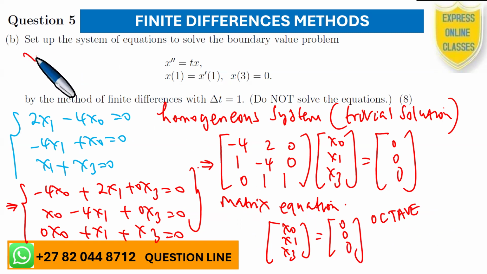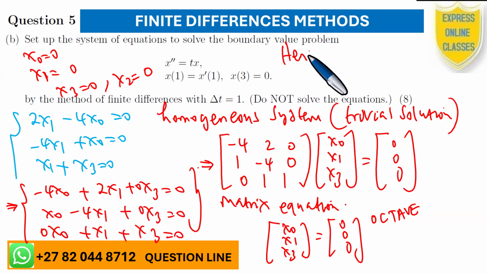So we're therefore getting that x0 is 0, x1 is 0, x3 is equal to 0. But x2 is also 0, we remember.